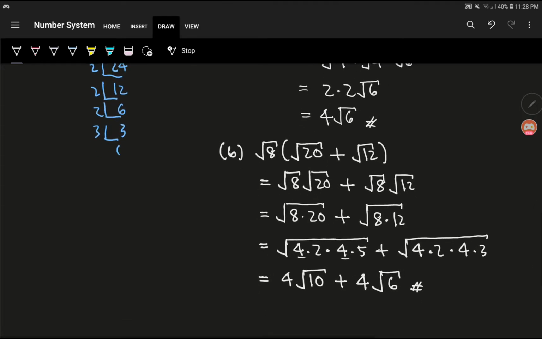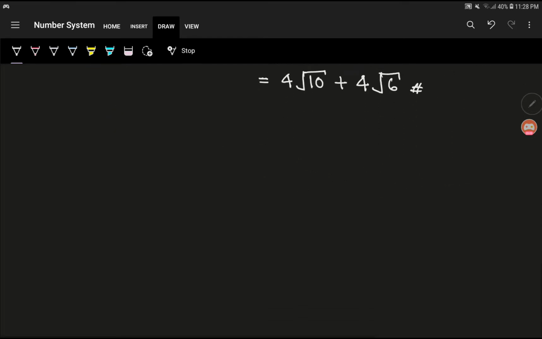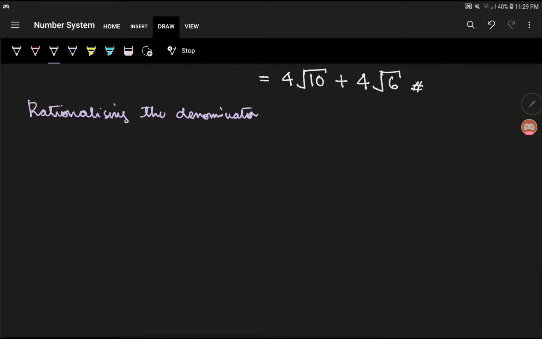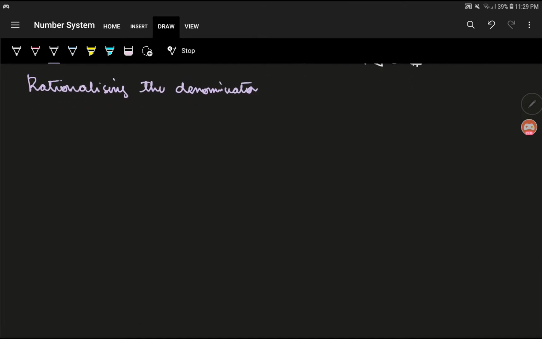Only one thing is not applicable to index but applicable to surds, that is rationalizing the denominator.